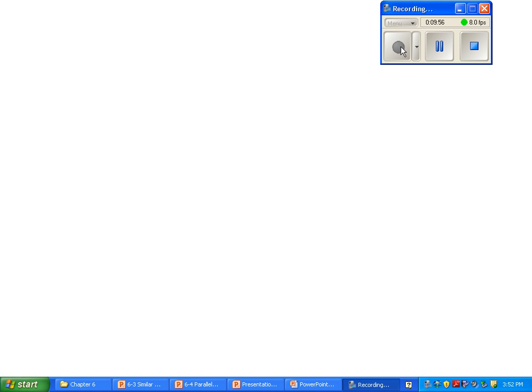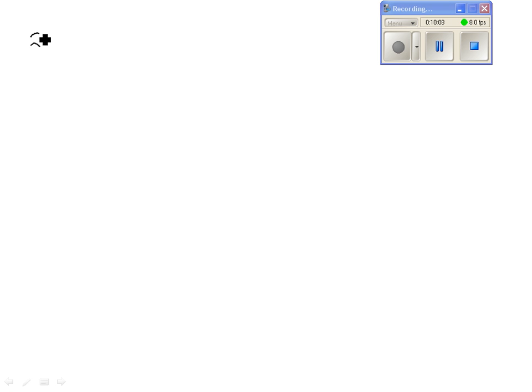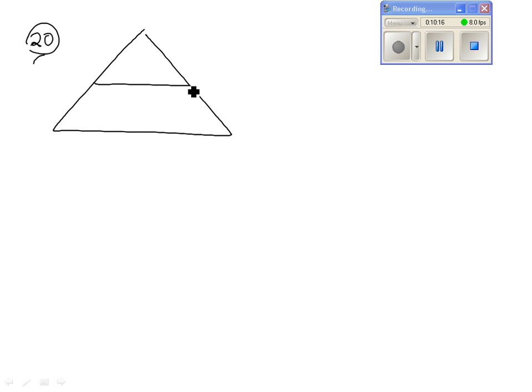All right, I'm going to skip a few and just do problem 20. We'll do all three of those that go along with that same diagram. They tell us that these two are parallel.